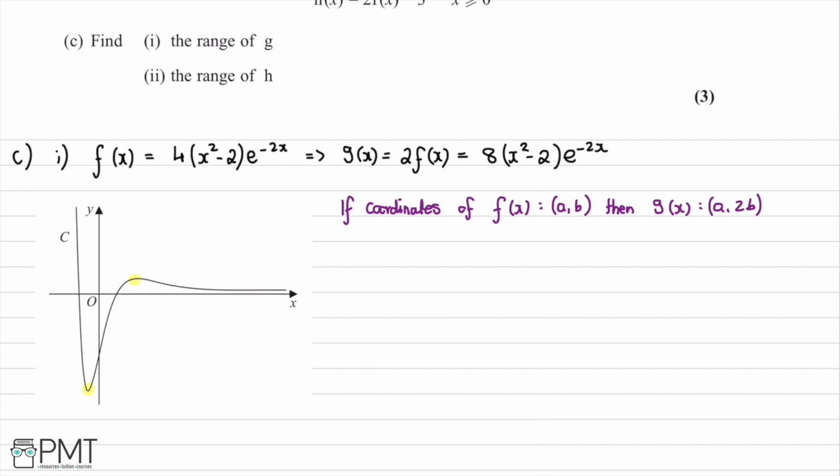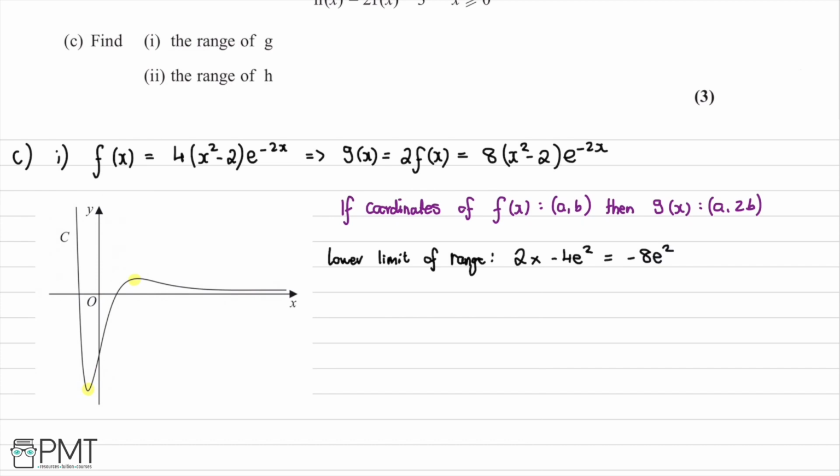So therefore, we know that the lower limit of the range is going to be 2 lots of the y coordinate. So therefore, we'll say that the lower limit of range is going to be 2 lots of -4e squared. And what's that going to be? That is going to be -8e squared.